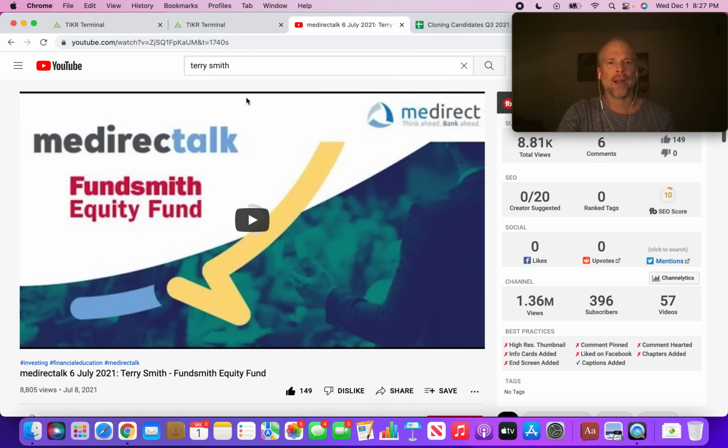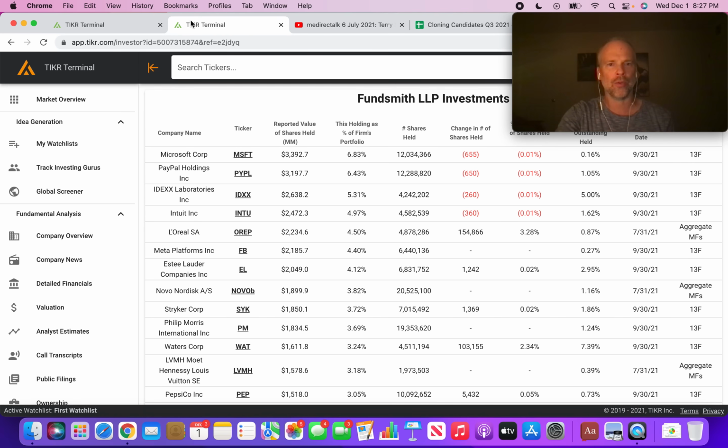Maybe I can't. But anyway, the average free cash flow yield for Fundsmith companies is like 2.5%. It's the free cash flow over the last 12 months divided by the market cap of the company. So that's what we're going to do to devise a screener in TIKR.